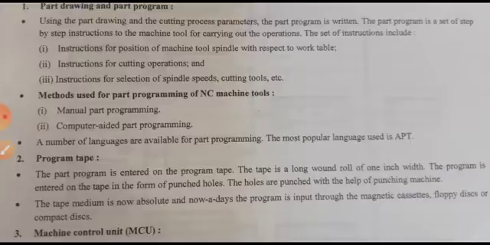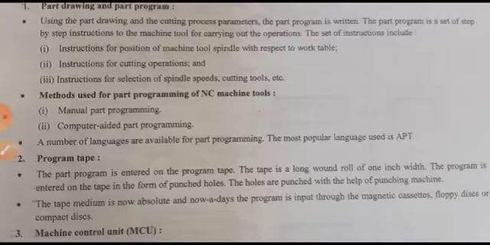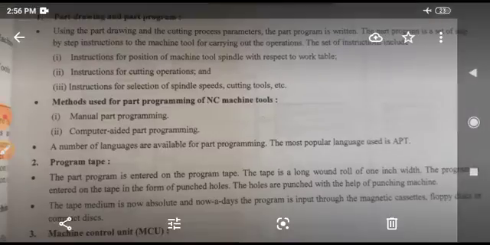That's why the punched tape and all this stuff are obsolete. Now we can say a pen drive or hard disk is used directly, or you can even store this on the cloud also, so that program can be run anywhere in the globe.